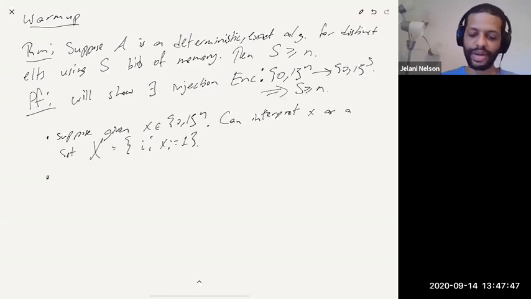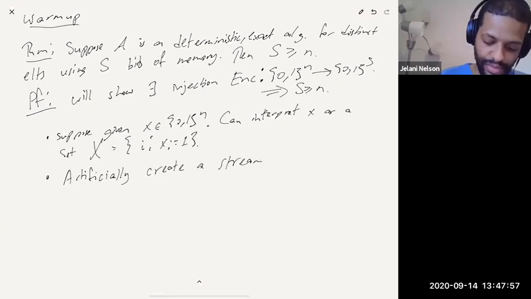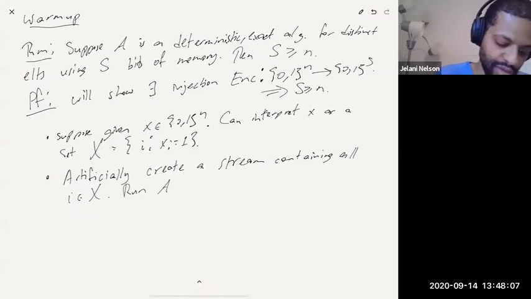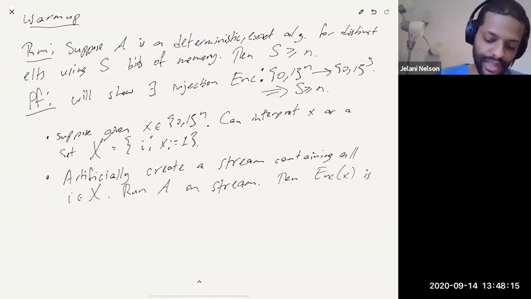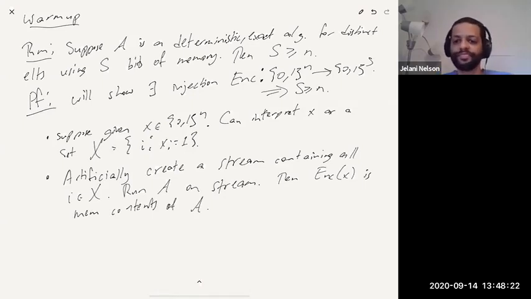So, how does the injection work? We'll artificially create a stream containing all i in X. Okay. Then we will run script A on the stream. Then the encoding of X is the memory contents of script A. Does that make sense?